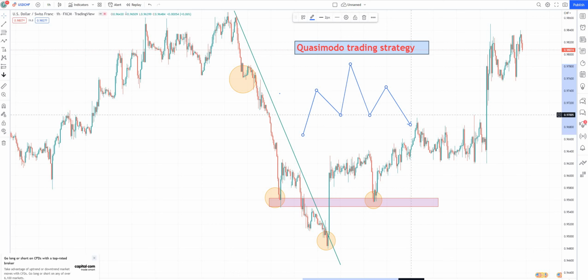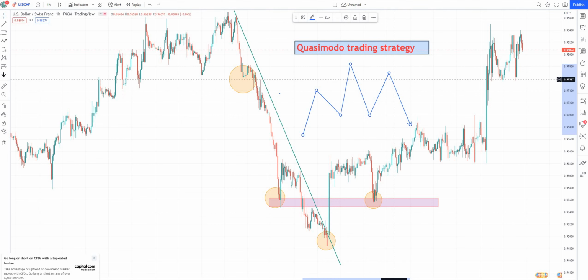So Quasimodo has only one difference: the right shoulder will be higher than your left shoulder. The body line of the head will always be higher than these shoulders, but the left and right are not equal in height.